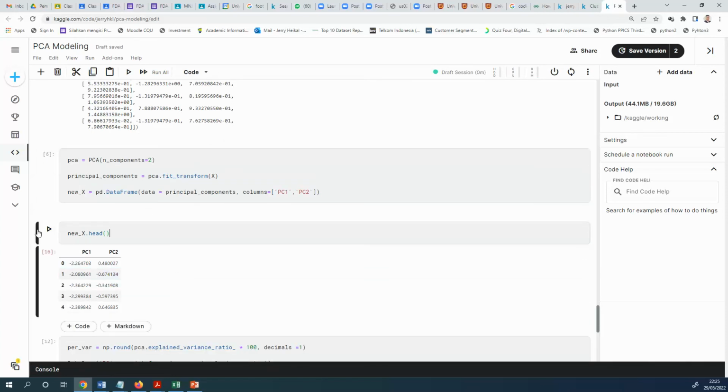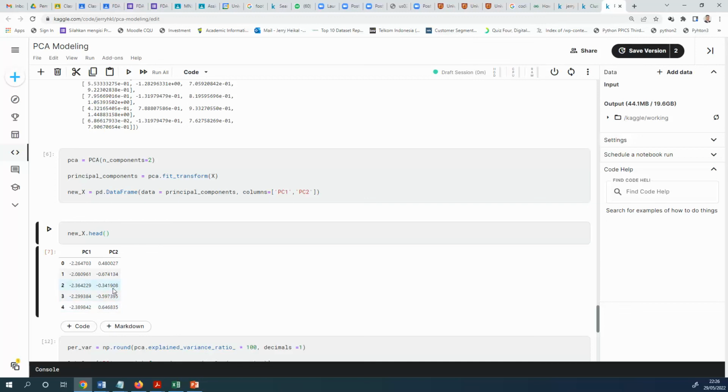So let's see the new data. That's simple. So we have PC1 and PC2. So we have the data there. With this data, we can conduct a clustering model using 2 dimensions rather than 4 dimensions.